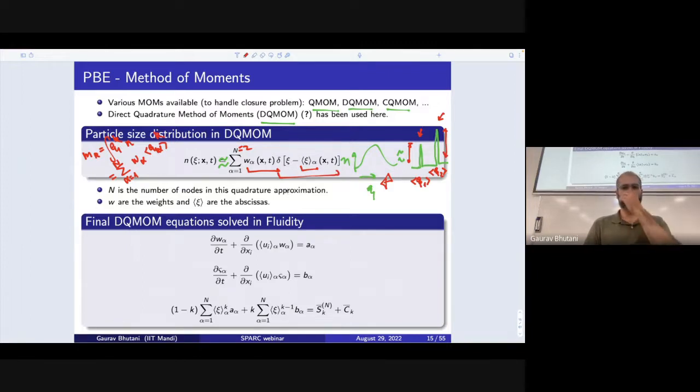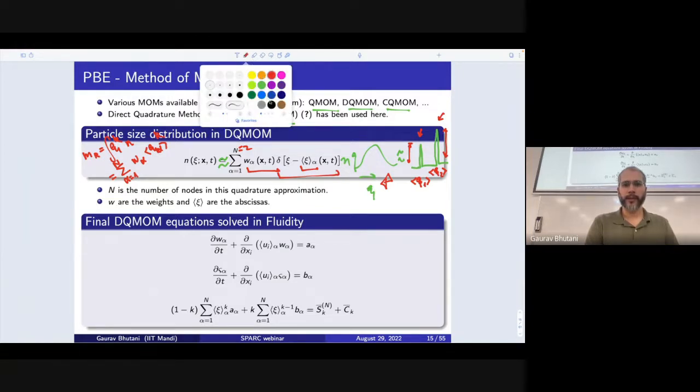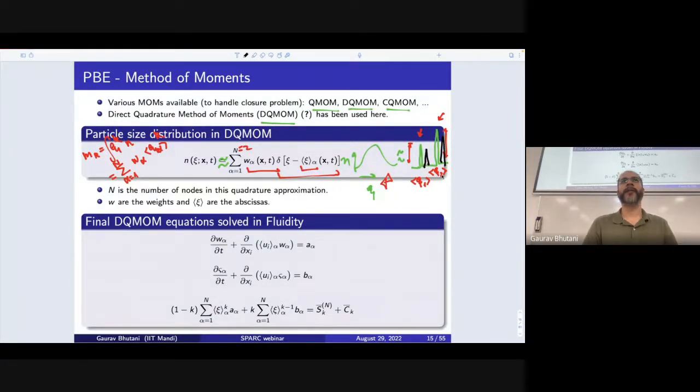And now as time evolves, as you move in time or you move in space, after some time, it may happen at that particular point in space that the xi1 may change and xi2 may change. So we have a different amount of xi1 and a different amount of xi2. So rather than tracking n, in this case, we are tracking the weights and the abscissas.